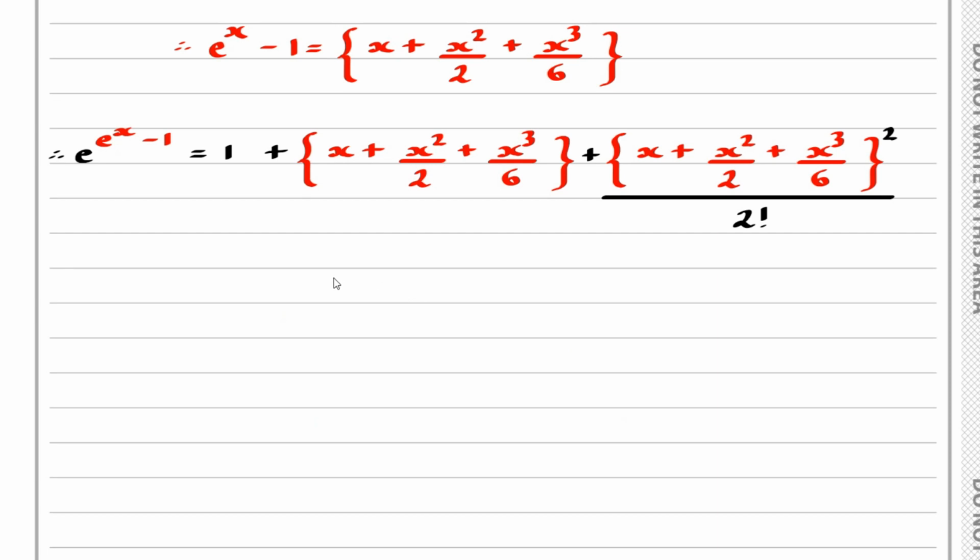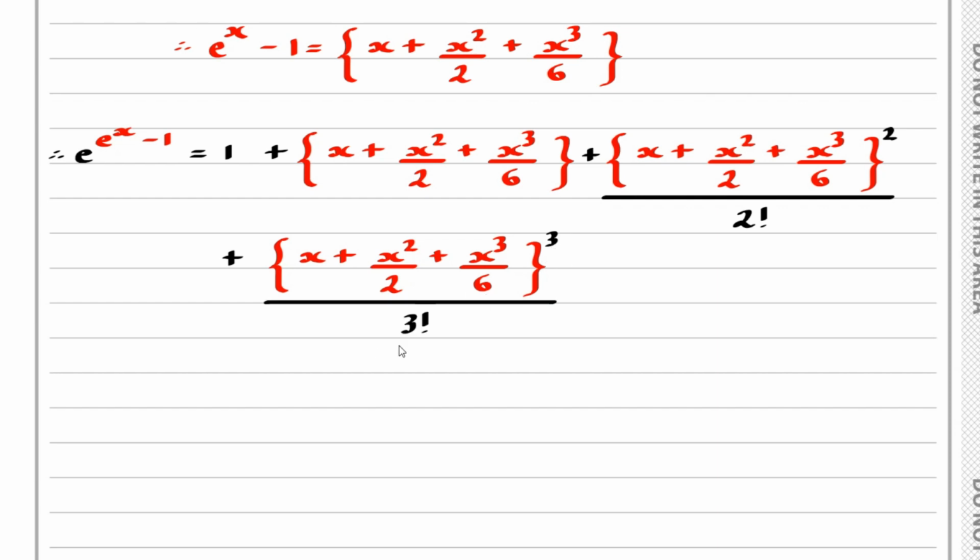And then we add on to this (x + x²/2 + x³/6)³ divided by 3 factorial. And then we've got the higher order terms. Now, if we attempt to simplify all this, we've got this 1, and then we have this x + x²/2 + x³/6.